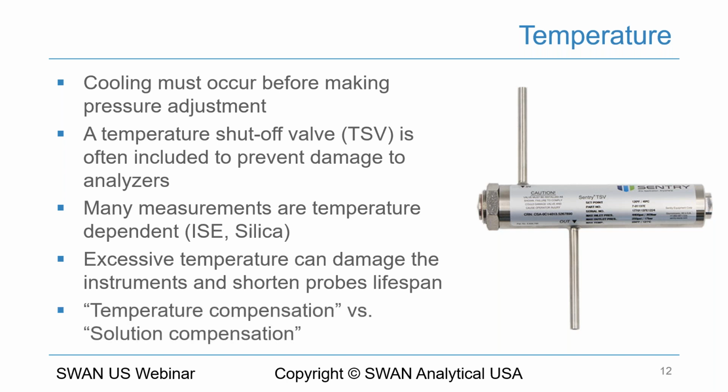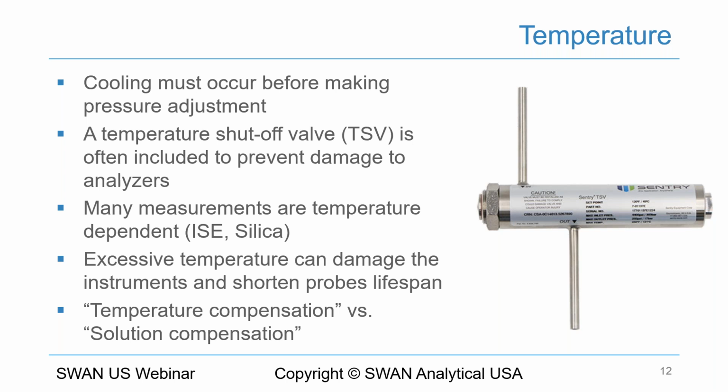And then temperature compensation versus solution compensation. I know many of you have heard the term temperature compensation. It's not one that a lot of people are fully aware of what it means. The temperature compensation is actually the mechanical correction for temperature's impact on the hardware.